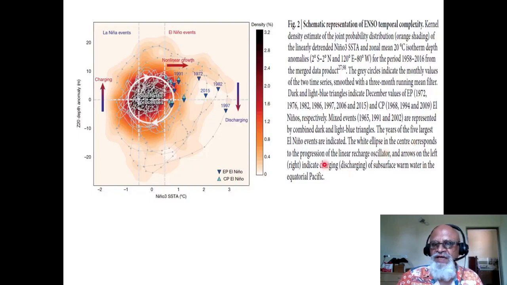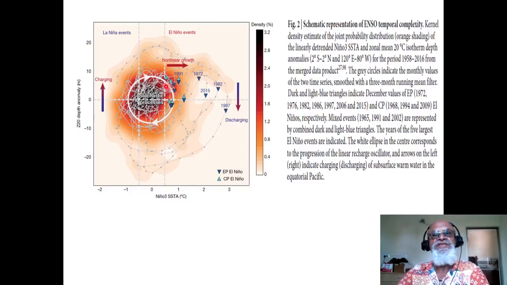The years of the 5 largest El Nino events are indicated. The white ellipse in the center corresponds to the progression of the linear recharge oscillator, and arrows on the left and right indicate charging and discharging of subsurface warm water in the equatorial Pacific.